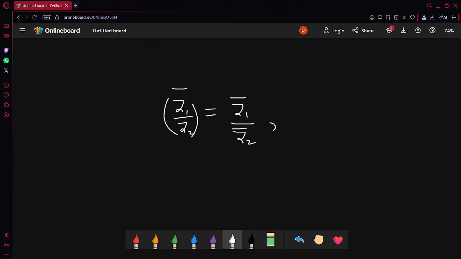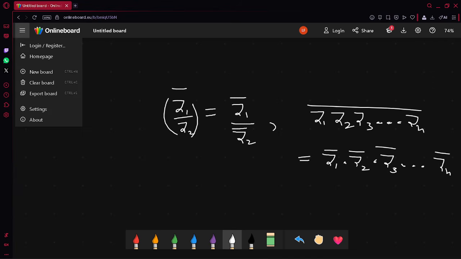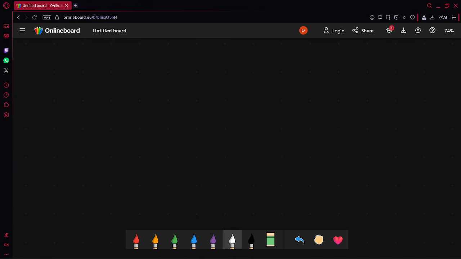And with multiplication too. z1, z2, z3, let's say up to zn whole conjugate. This would still be z1 conjugate times z2 conjugate times z3 conjugate up to zn conjugate. So these are some basic properties of complex numbers and complex identities.